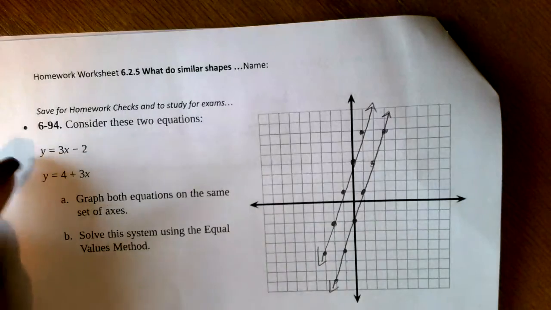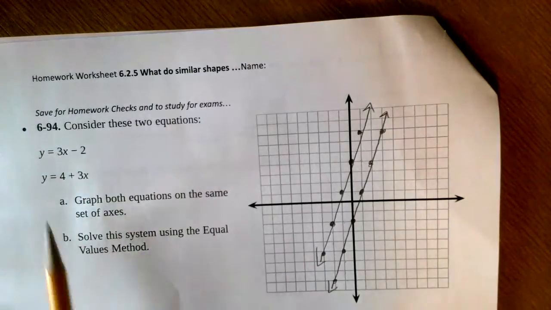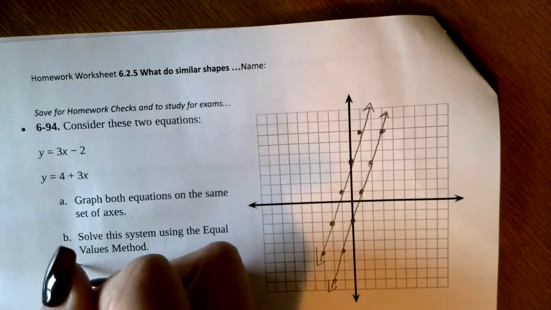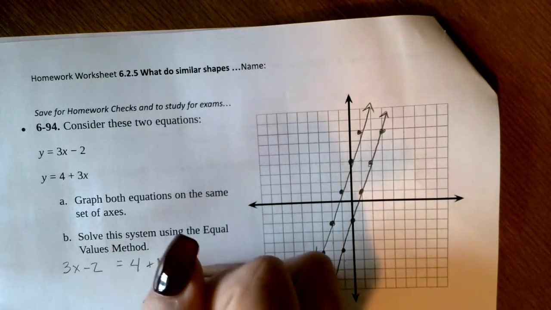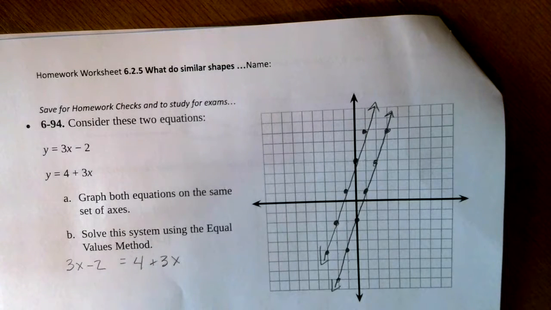So in order to figure this out using the equal values method for part B, we're going to drop off the y's and put them equal to each other. So that means we have 3x minus 2 equals 4 plus 3x. And we're just trying to get them alone.